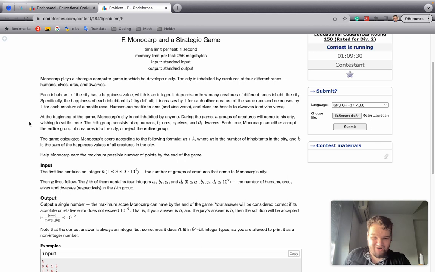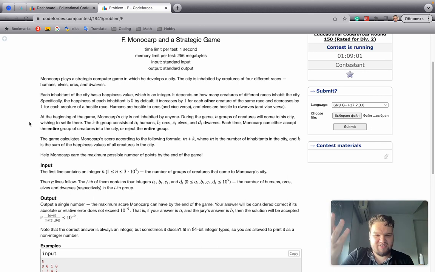So the score is a minus c squared plus b minus d squared. So we can just say that a minus c is one coordinate and b minus d is the other coordinate. So we are given a bunch of vectors. We can choose some subset of them.